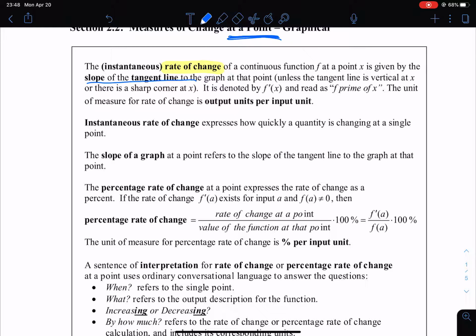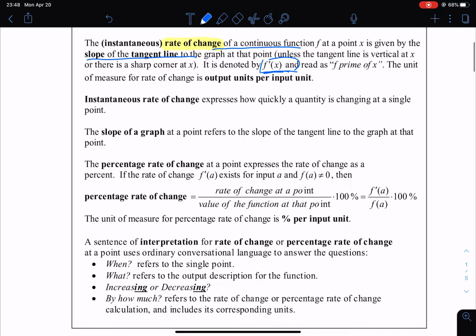And the notation, the rate of change of the continuous function at a single point x, we use the notation f prime of x. And the unit for the rate of change, or the unit for f prime of x, is just the output unit per input unit. Because the slope of the tangent line, the unit is just the output unit per input unit.